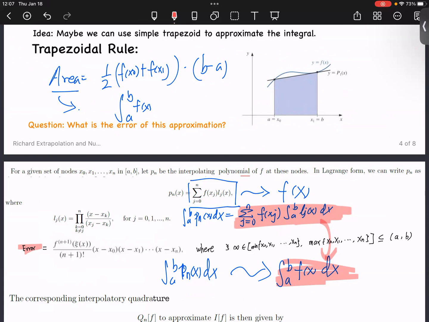Because we have two nodal points here, the Lagrange interpolation for the f(x) is exactly the line connecting f(x0) and f(x1). So if we write out the Lagrange polynomial, that is exactly the straight line representing here.